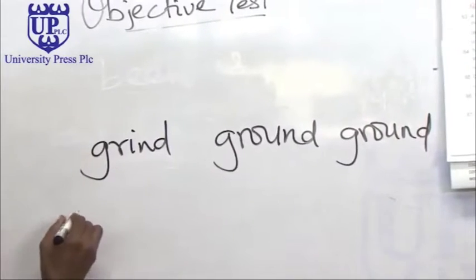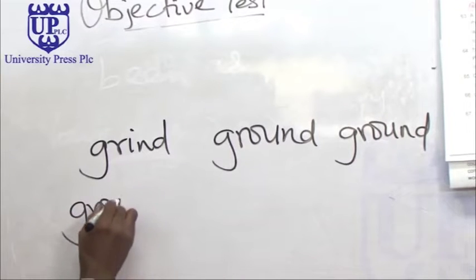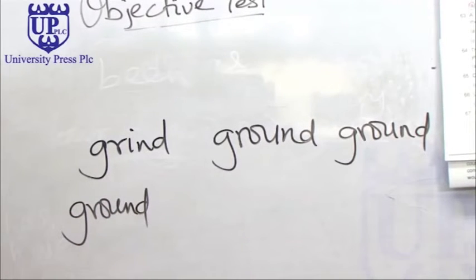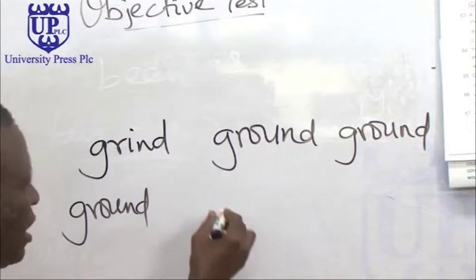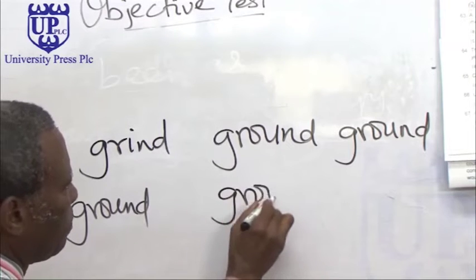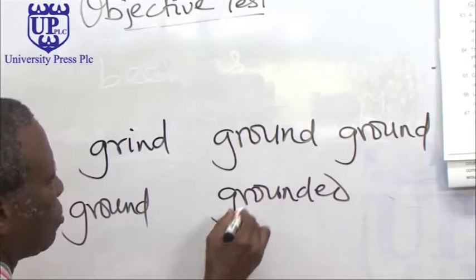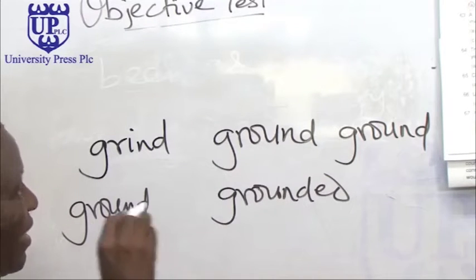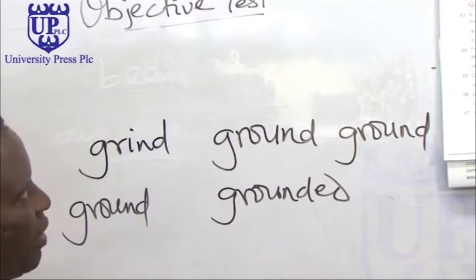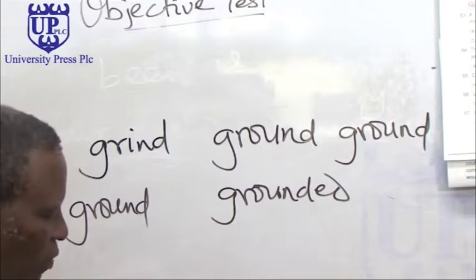Now you can have grounded as a different form entirely. If, for example, we say my car has been grounded, then the past tense will be grounded. But in relation to pepper, it's always grind, ground. The pepper has been ground. Take note of that one.